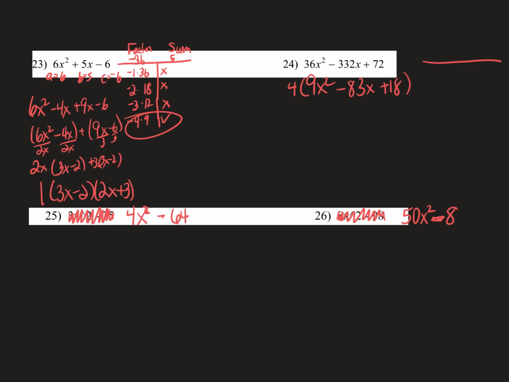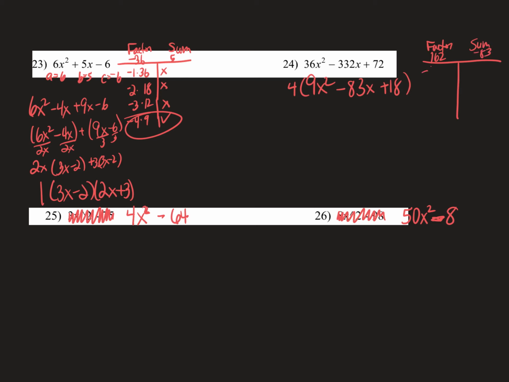So 9 times 18, 162. Yeah, 162. So I want factors of 162 with a sum of negative 83.